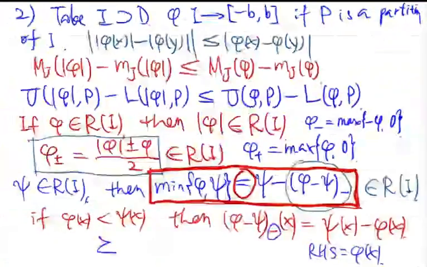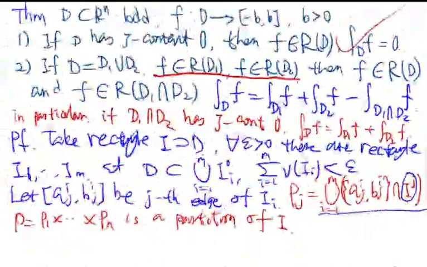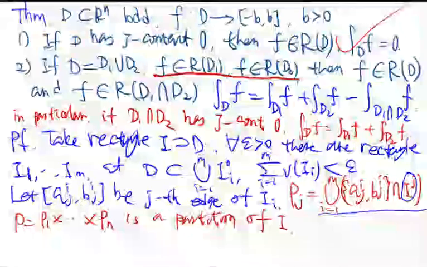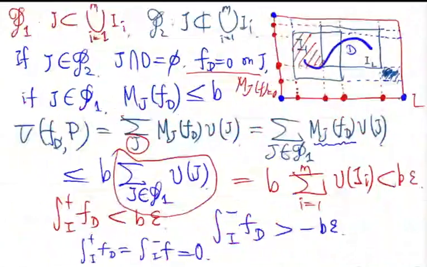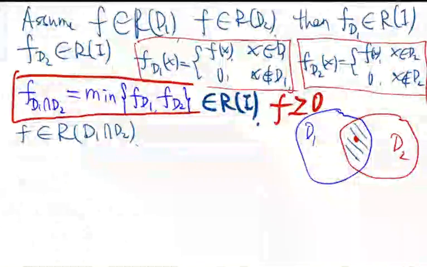So in this part of the theorem, we want to prove that if f is integrable over D1 and D2, then it is integrable over the union and over the intersection. Now we have already proved that it is integrable over the intersection.